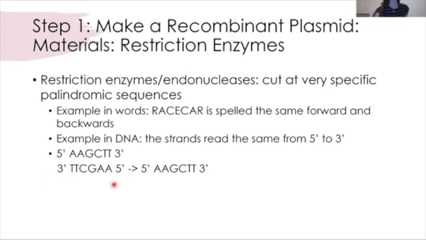So the 3' and the 5' are switched, and then TTCGAA. But if we were to read that bottom strand from 5' to 3', you'd get 5' AAGCTT 3', which you'll notice matches the top strand. So they're the same if you read them from 5' to 3'. And restriction enzymes are able to cut at these sequences.